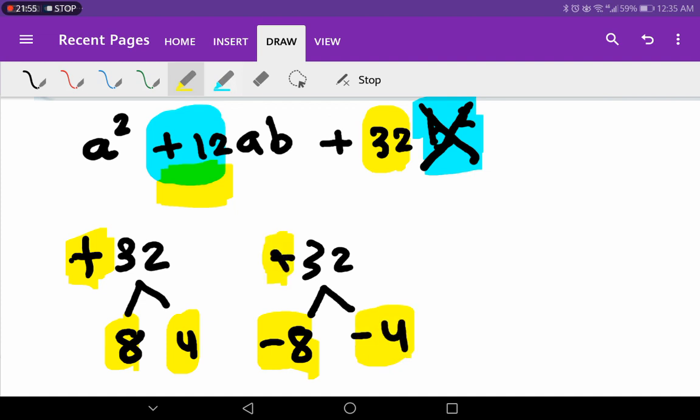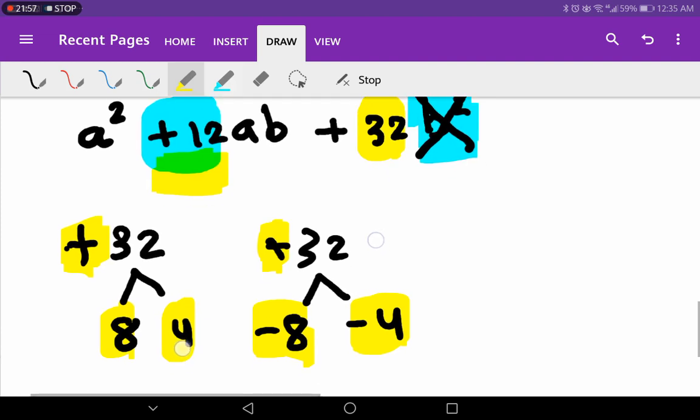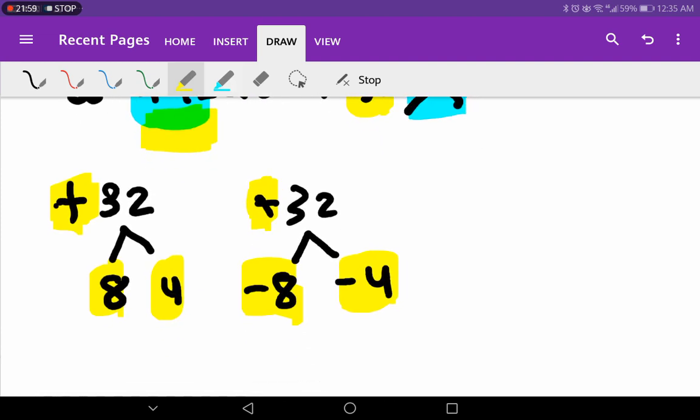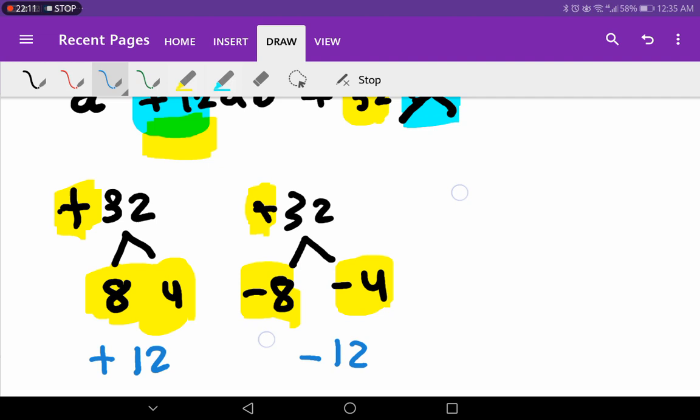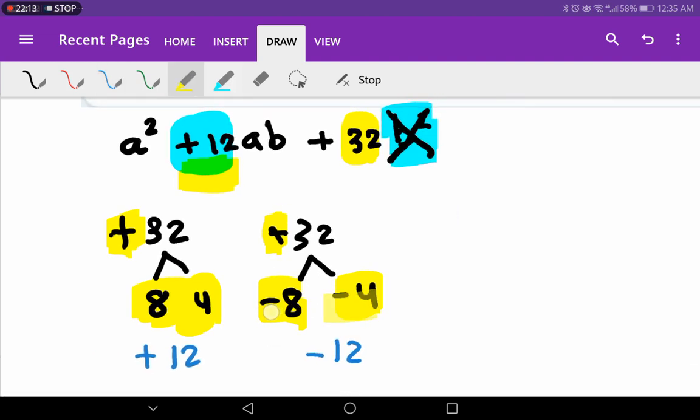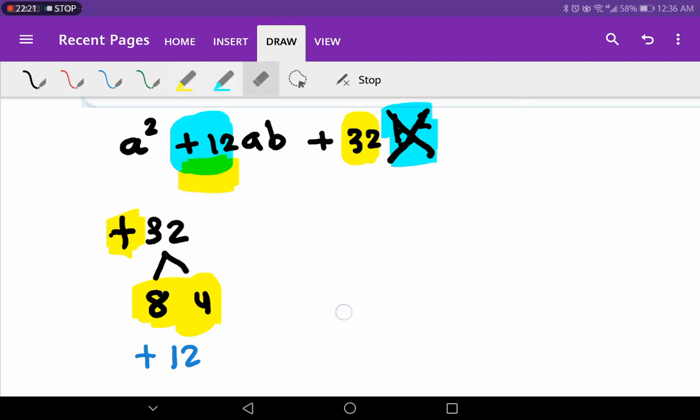Because of that, I take those factors. Now, if I add the first pair, it gives me positive 12. And here, it gives me negative 12. But I need positive 12, so ignore this. I don't need it.